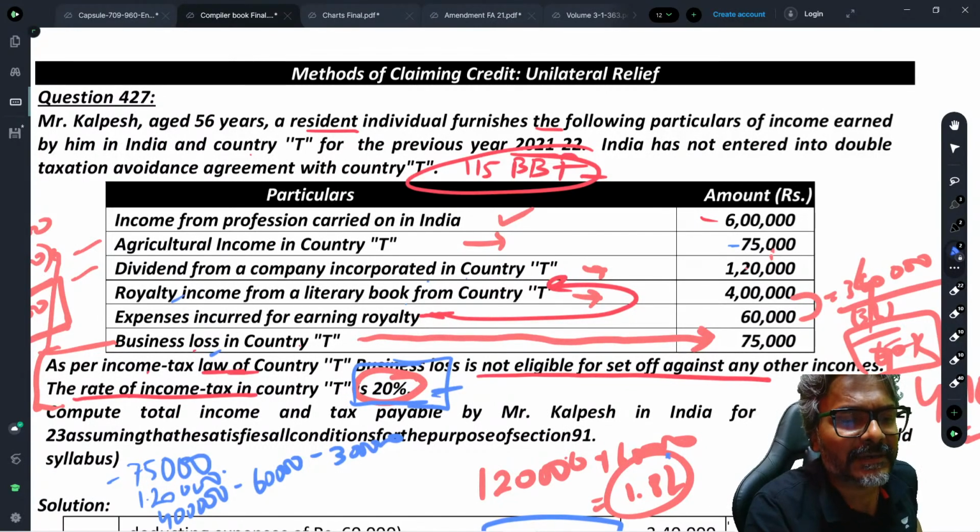Why consolidated, friends? Because I already told you, and I am repeating this again: the consolidated approach works because the rate of tax was the same in both the countries.